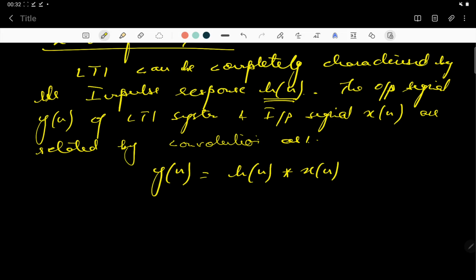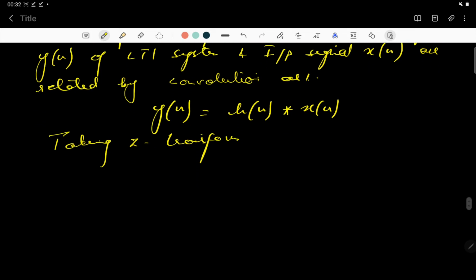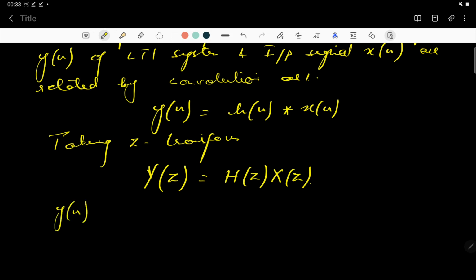Taking the Z transform on both sides of the equation and using the convolution property, we get capital Y(z) equals H(z) X(z), indicating that the Z transform of the output sequence y[n] is the product of the Z transform of the impulse response h[n] and the input sequence x[n].